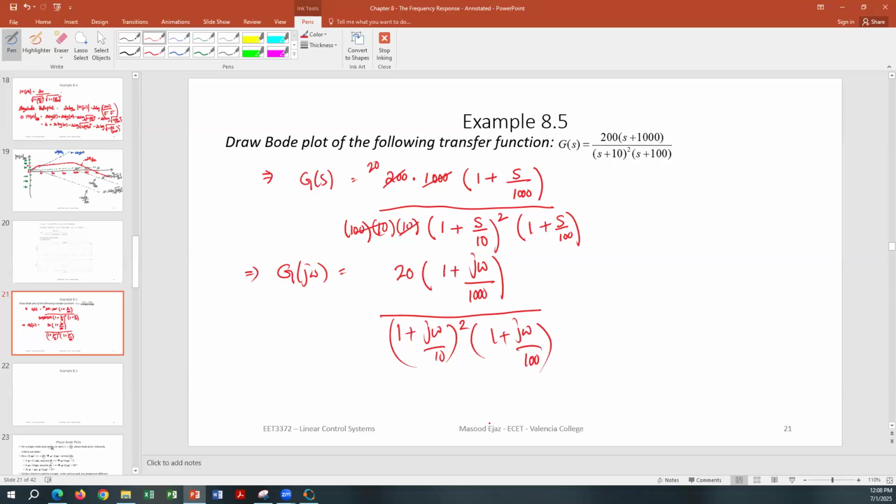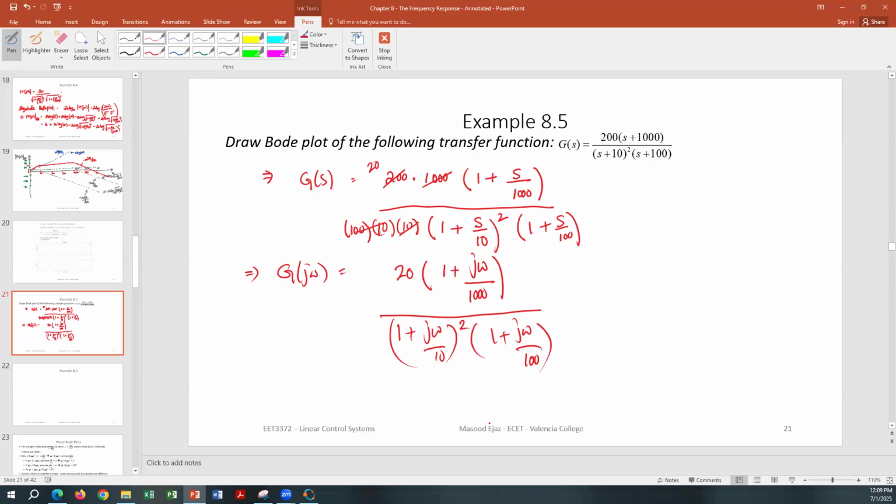What about the zero? How are we going to treat this term in the Bode plot? It's going to be 0 until 1000 radian per second, and then it's going to start increasing by 20 decibel per decade after every 1000 radian per second.